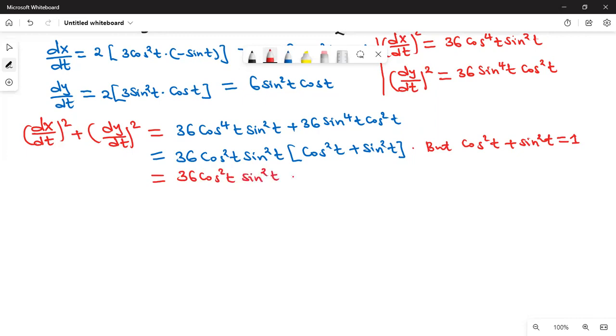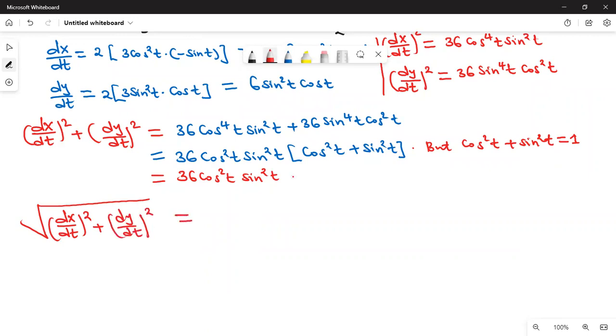Now I need to get the square root. So now the square root of the answer, dx over dt squared plus dy over dt squared.